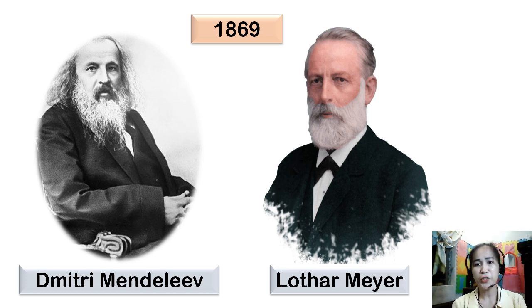While putting in groups those with similar properties, both of them also left blank spaces in their tables, believing that these spaces would be filled later with elements yet to be discovered. So who knows? You will be the one to fill in the spaces in the periodic table.